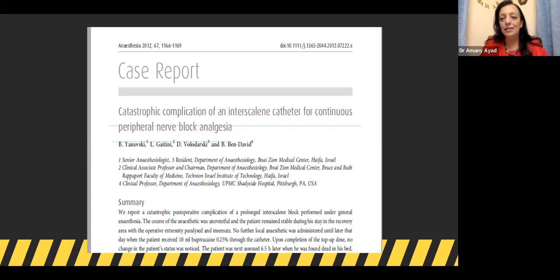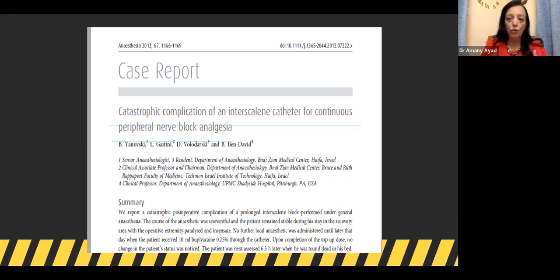He was arrested maybe at 12 a.m. Why didn't he call for help? Because he was paralyzed. Why didn't he express anything? Because he couldn't move, he couldn't press the button, he couldn't express himself, so he died peacefully. What happened? In the autopsy, they found that the catheter traveled from the interscalene space through the foramen and then epidural.